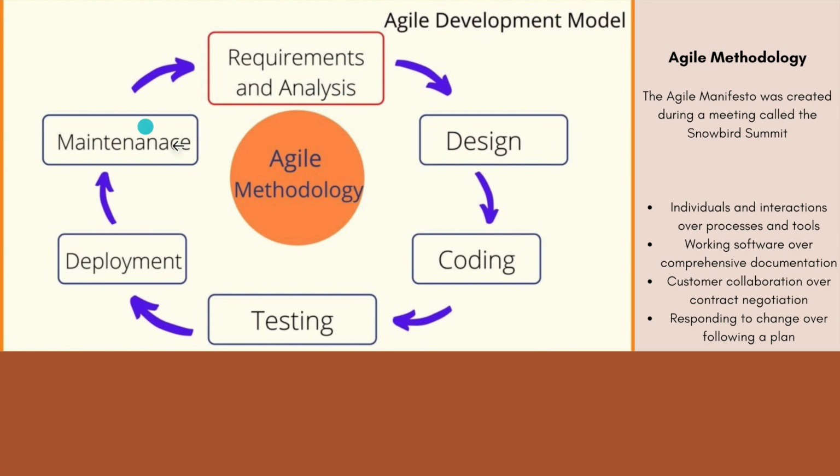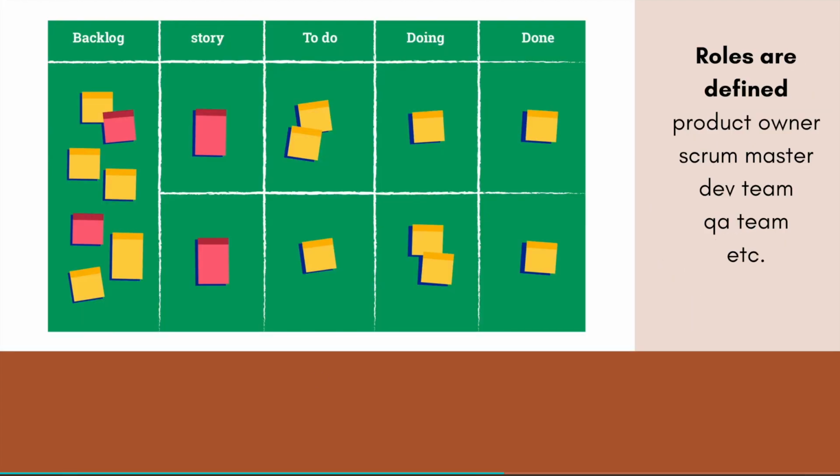Once this first phase is done, we'll check again with the client or maybe the product owner whether this is going correctly and working well. If it goes okay, fine; if not, we'll make the changes again and it will go through the same cycle again.